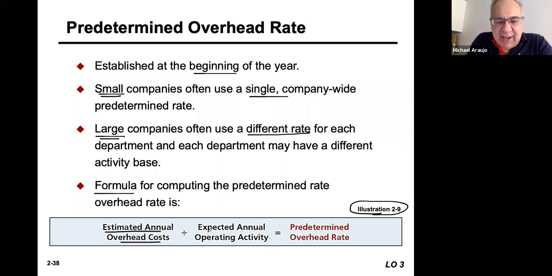They divide that by the operating activity. Again, that operating activity could be labor, could be machine hours, and that's how they determine what the rate is. Once they determine what the rate is, now they can start assigning manufacturing overhead to each of the jobs that they do. Remember, we're still in job order costing, and so overhead has to be allocated.